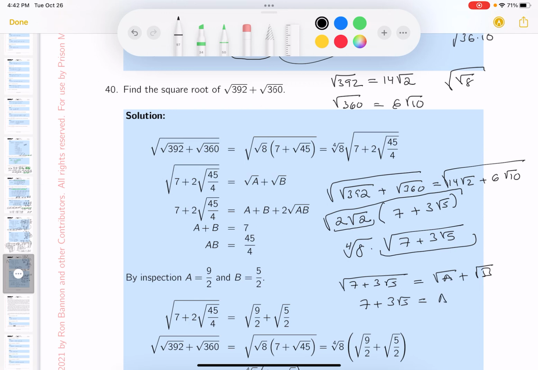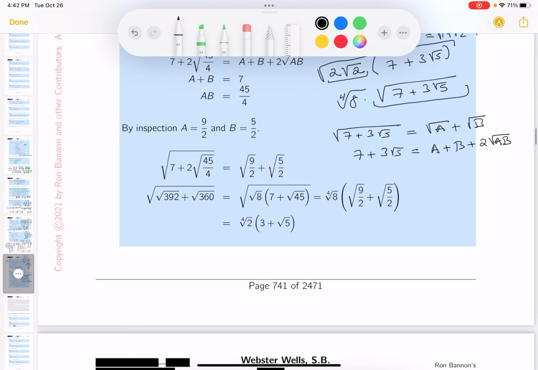That would be A plus B plus 2 root AB. You got to keep working on this. And it's nice to have an answer key. We can always look at our answer key, but A plus B is 7, right? And 3 root 5s is equal to 2 root ABs.